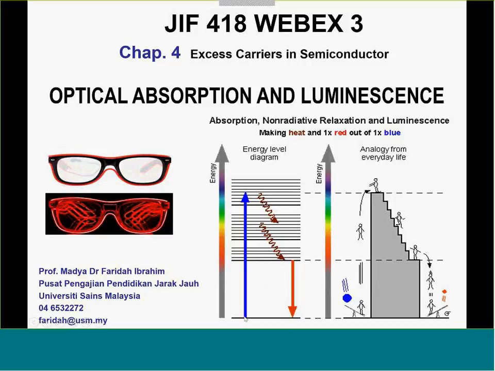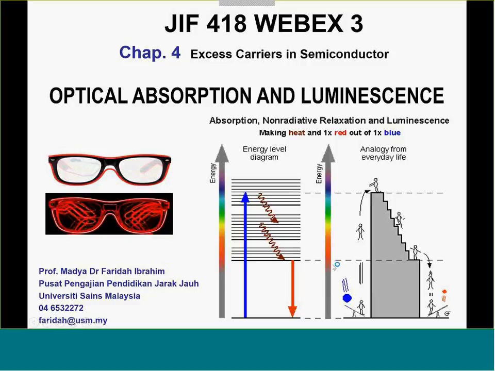So whenever it absorbs, let's say this blue photon, since its band gap is only around a red photon, some of the energy that's being absorbed is going to be lost as heat, and then only recombination occurs from the conduction band edge to the valence band edge.